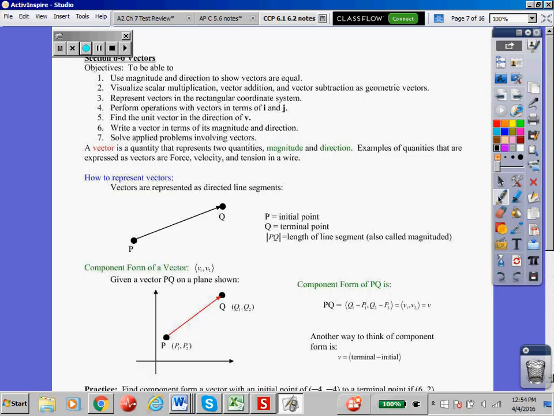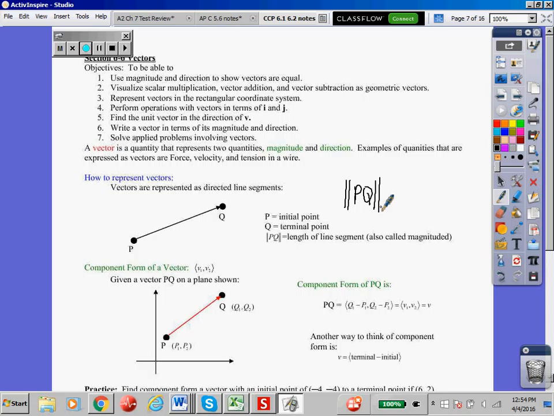So how we represent vectors, at least we're going to do the mathematical side of it. Vectors are represented as directed line segments, and I want you to notice something. You have the initial point, and you have what's called the terminal point, and I want you to notice it's a directed line segment. So there's an arrow here, and that's telling you that it started at P, and it's going in the direction of Q. Now, it's on the paper, but let's kind of maybe write it again so you can see it and practice it.